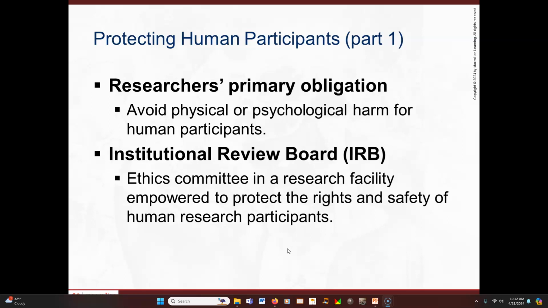The benefits of the study outweigh its costs and risks to the participants, and the participants are protected from physical and psychological harm. Finally, the Institutional Review Board ensures that the participants have access to information about the study, and the participants' privacy is protected by principles such as confidentiality or anonymity.